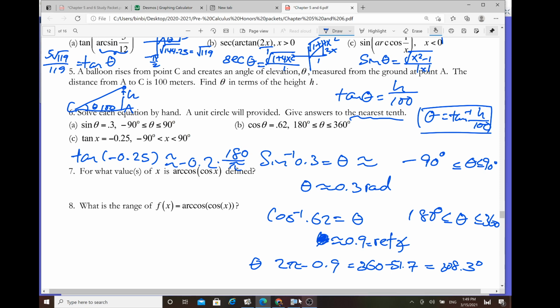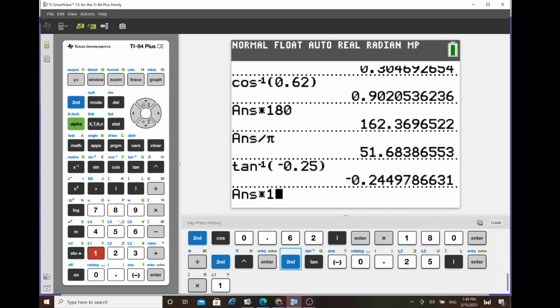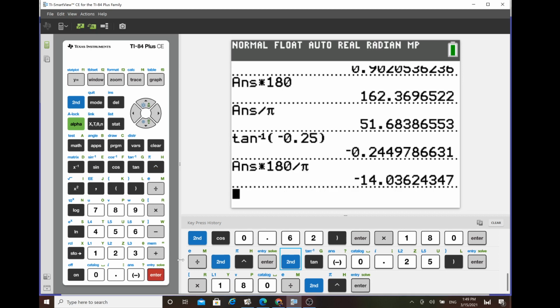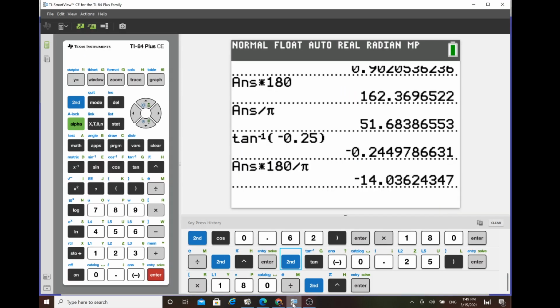So what we got here is negative 14 degrees. Or you want to round it to the nearest tenth, so negative 14.0.